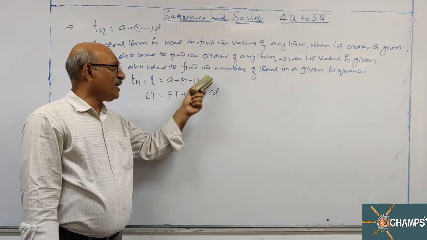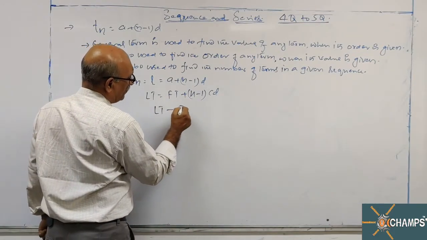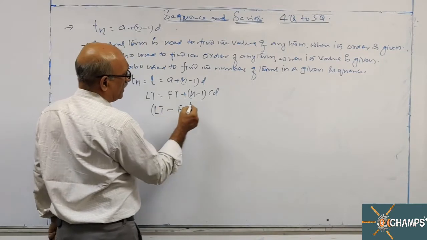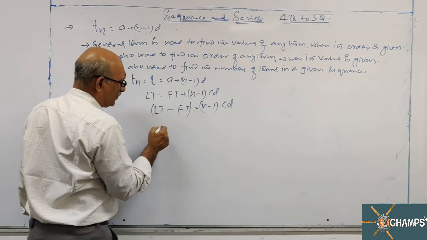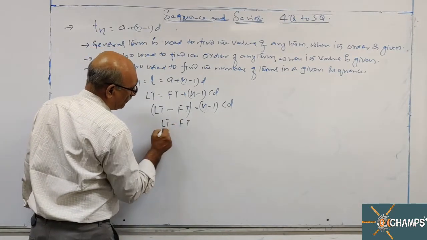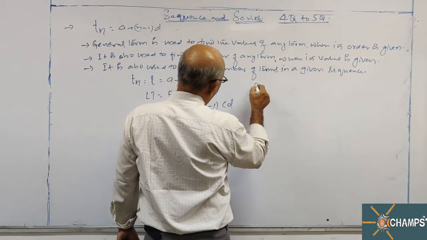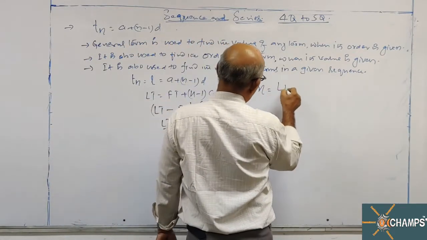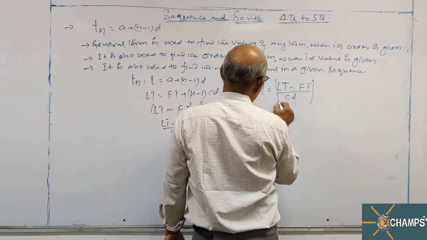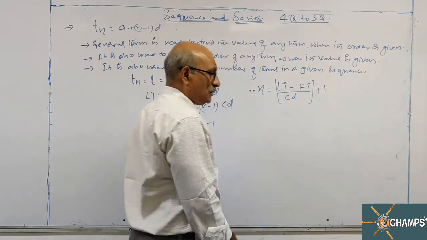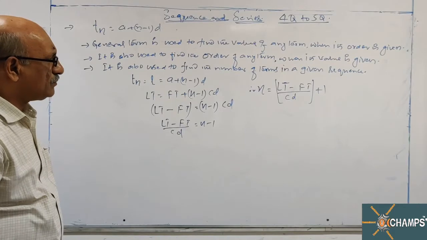I am replacing a with the first term and d with the common difference. Bringing the first term to this side, last term minus first term is equal to n minus 1 into common difference. Last term minus first term by common difference is equal to n minus 1. Therefore, n is equal to last term minus first term divided by common difference, plus 1.